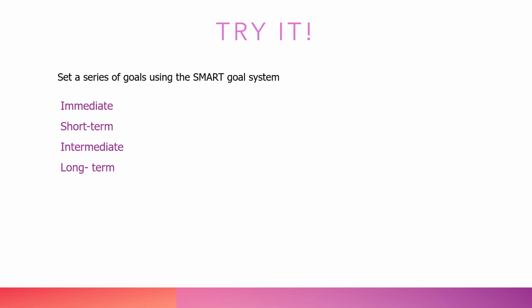Also, what is really important if we do not achieve our goal within our time constraint is to be compassionate to ourselves, to be kind to ourselves rather than beating ourselves up if we do not achieve that goal the first time we set it. That is really very important.